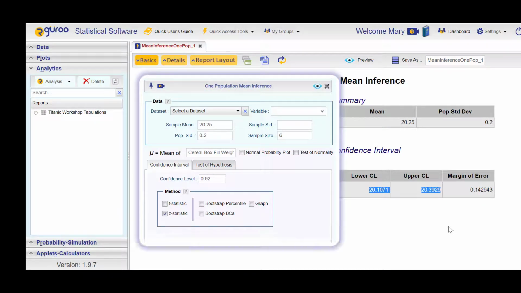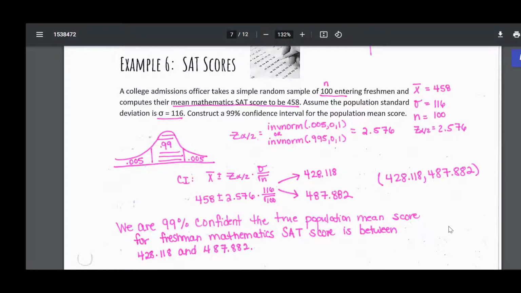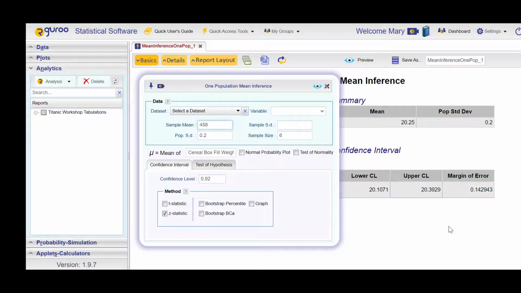So I'm just going to go back to basics and change all of this out. So I believe it was 458. And then the population standard deviation is 116. Again, leave the sample standard deviation blank. Sample size was 100.